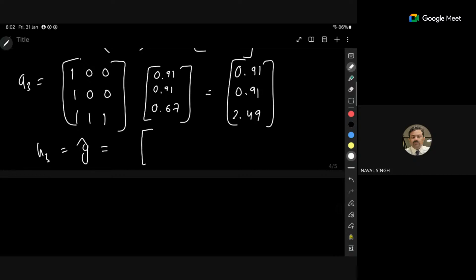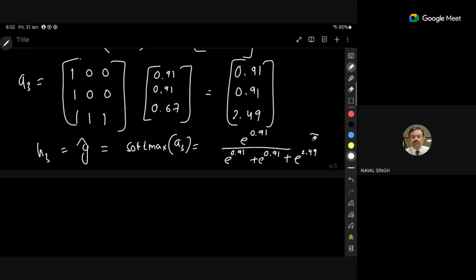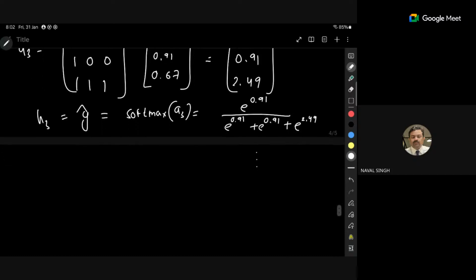For that I'll use softmax over A3. So I have to take the exponent of 0.91 and divide by the exponent of 0.91 plus the others, something like this for the first value, and I'll do the same thing for all three of them.